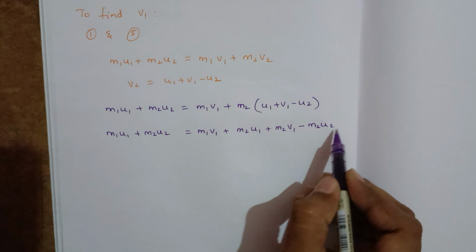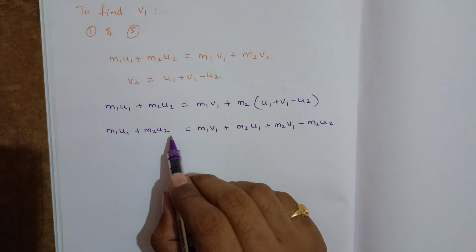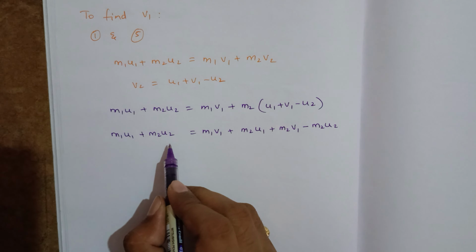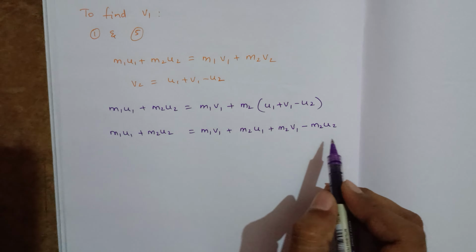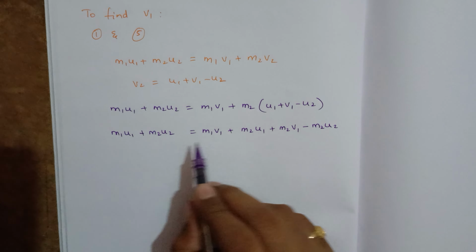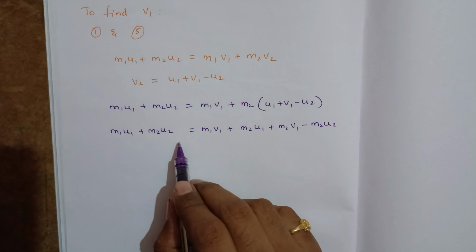Now this minus m2 u2 coming this side becomes plus, since m2 u2 is already there.